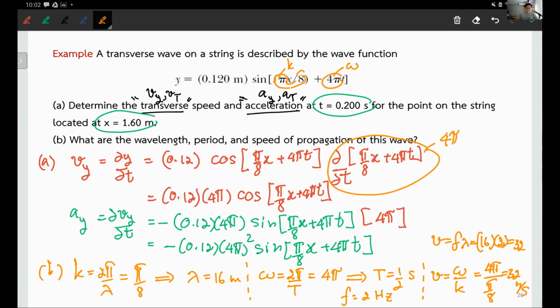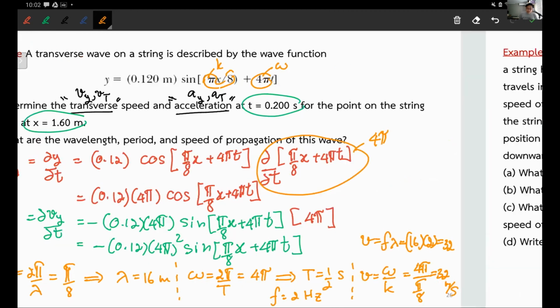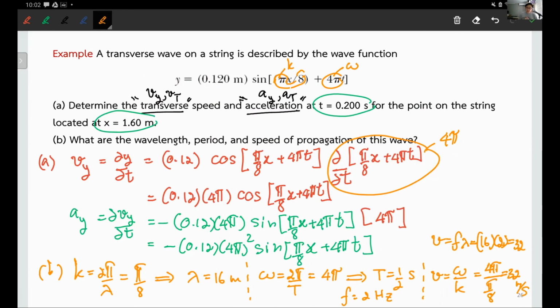I hope having this concluded here at the end is straightforward. Now you know how to read the information out from a wave function. And I hope you see the connection between this and simple harmonic motion before, because you can use simple harmonic motion to generate the sinusoidal wave.